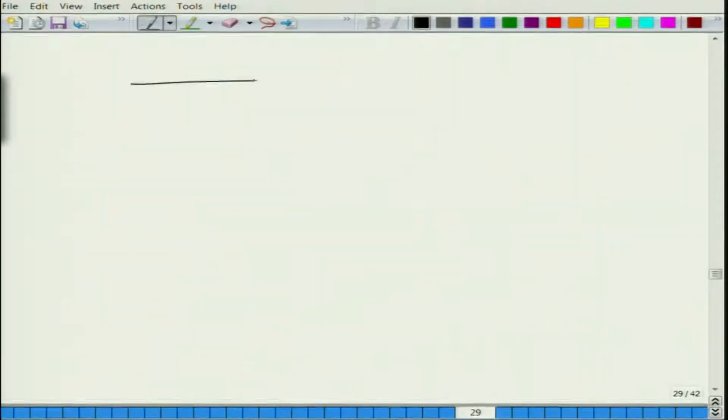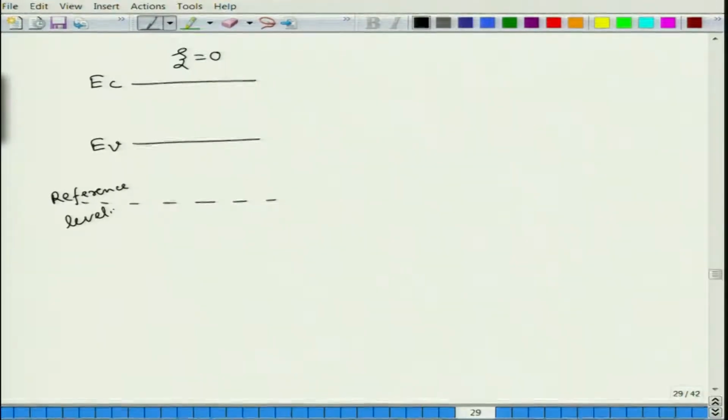So, initially when you do not have any potential, or you do not have any potential gradient or a field, then we can write this to be conduction band and this to be valence band with flat potential. Okay. So, this is the case for xi equal to 0. So, if you have this datum, this reference level, from this everywhere has the same height for the conduction band or valence band, and that is why you do not have any gradient of it.